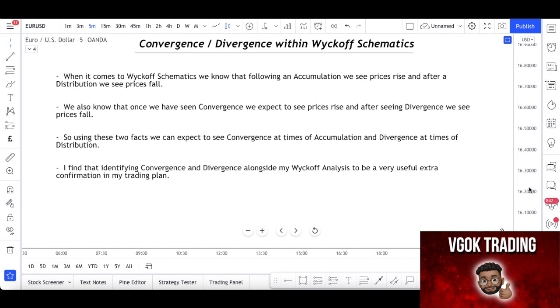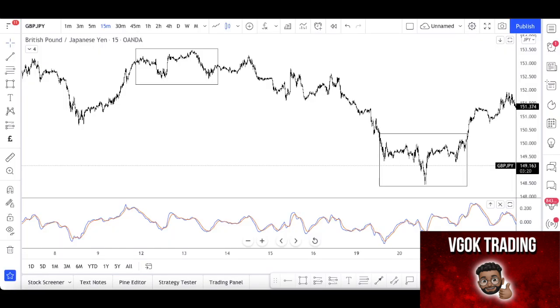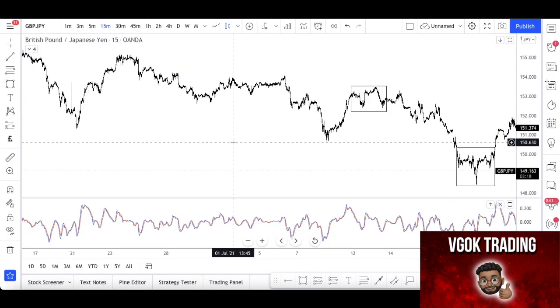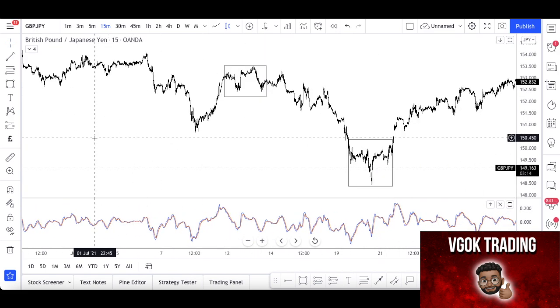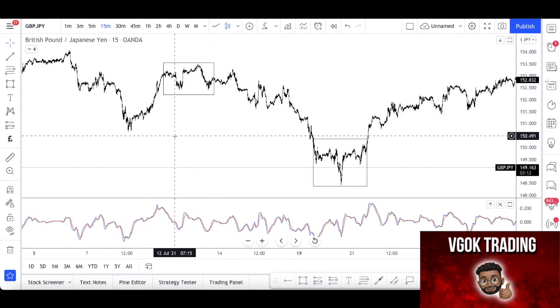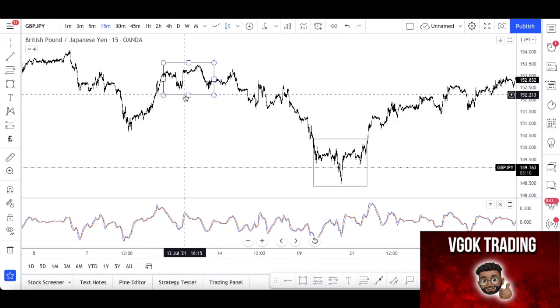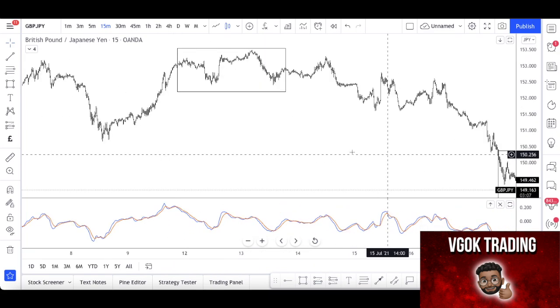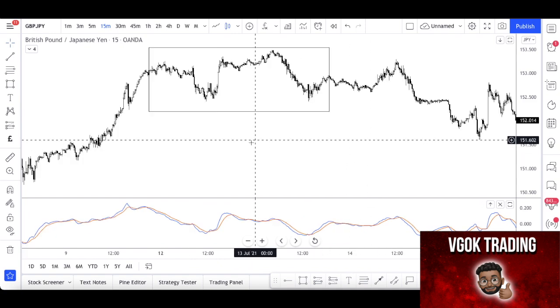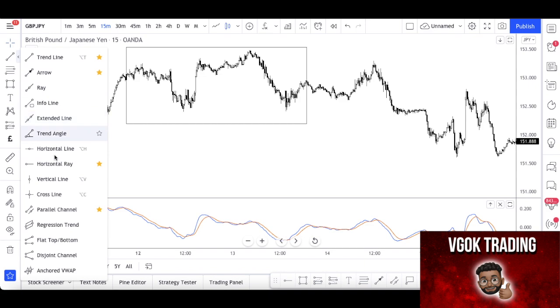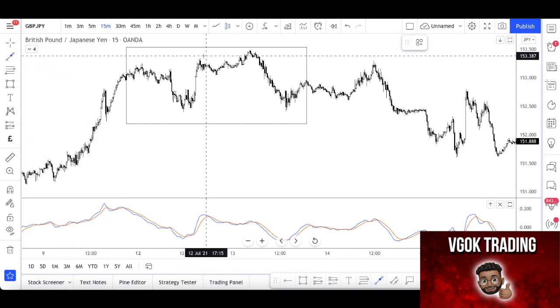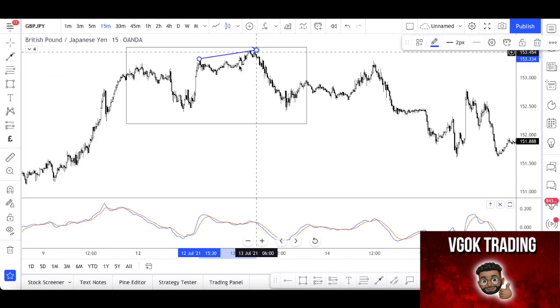But yes, let's again look at some more chart examples. So what I've done here on GJ, and again, we're on a 15-minute time frame just to make life easier for ourselves, in these little black boxes, I've marked up some relevant distribution and accumulation schematics. So right here, you can see that price is making these higher movements. From here to here, we're making a higher high.